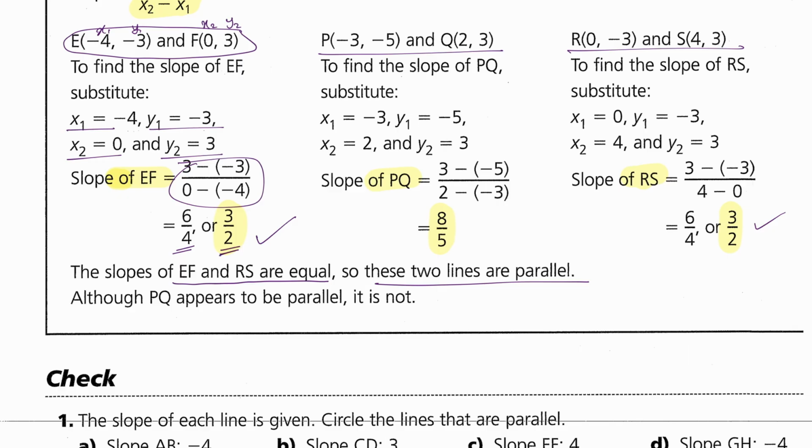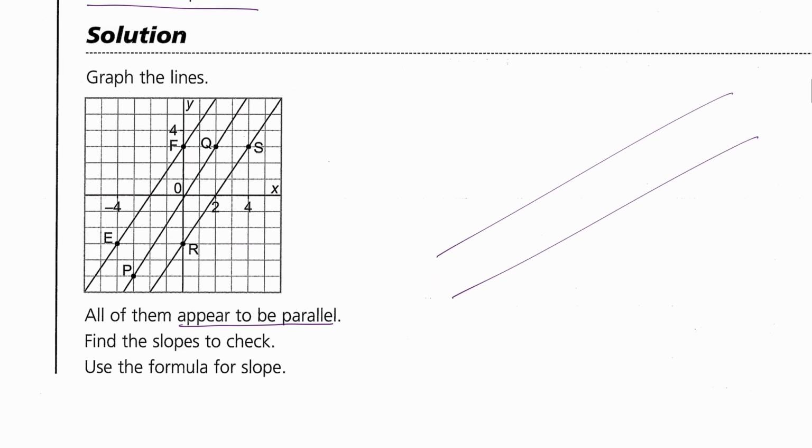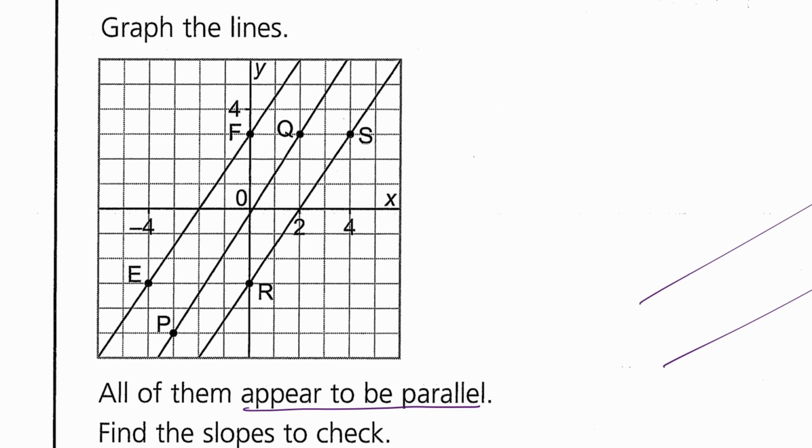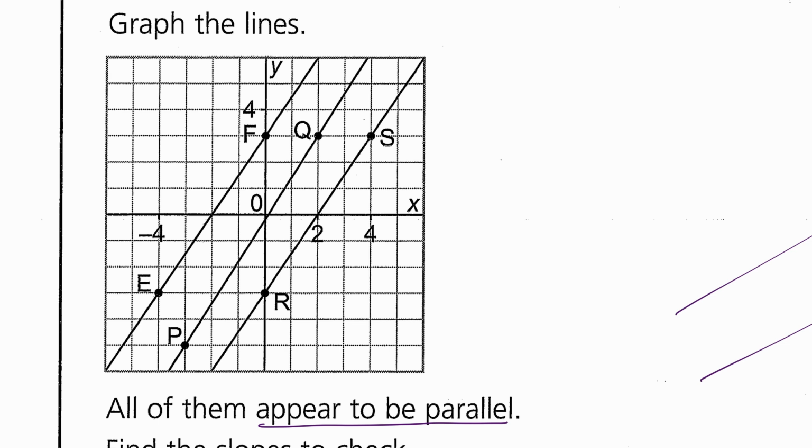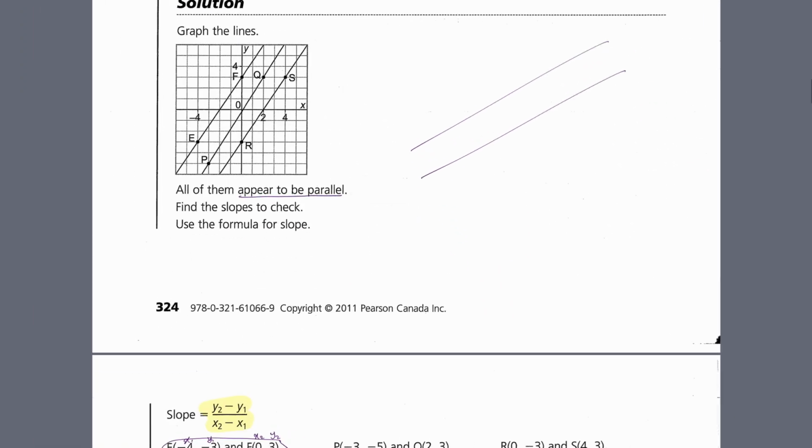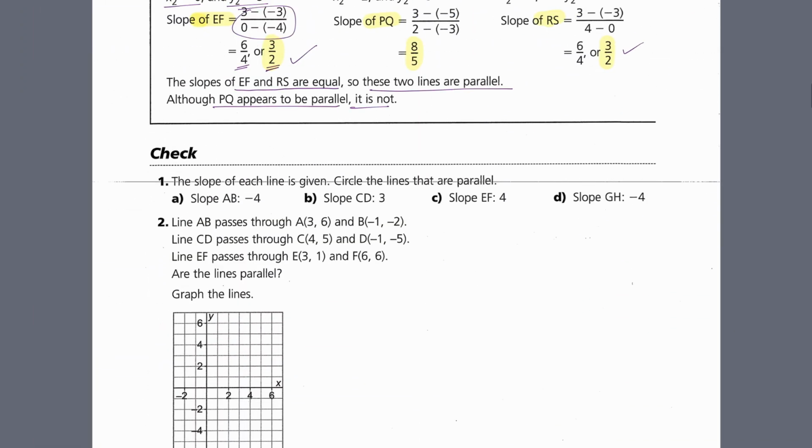So these two lines are parallel. Although PQ appears to be parallel, it is not. By looking at the graph, you can see that PQ also appears to be parallel, but unfortunately it is not parallel to EF and RS. So we have to verify it mathematically all the time.